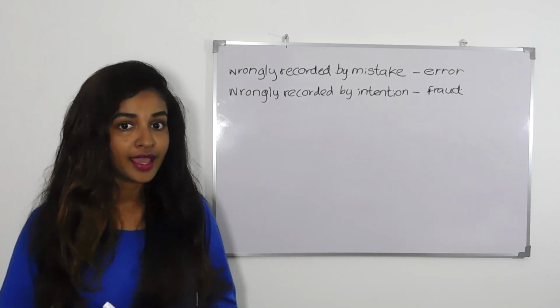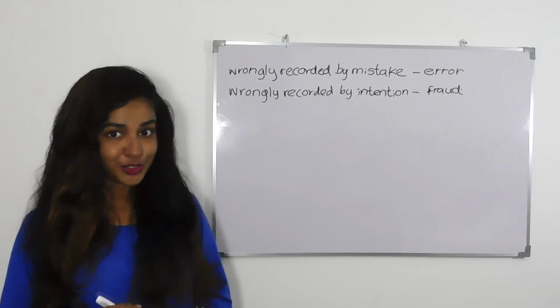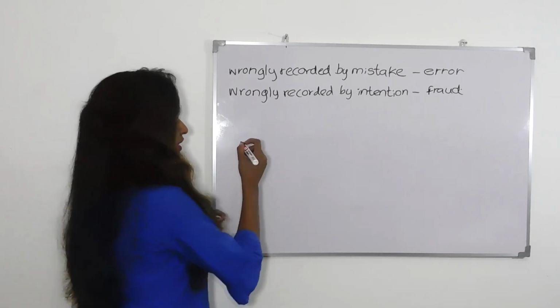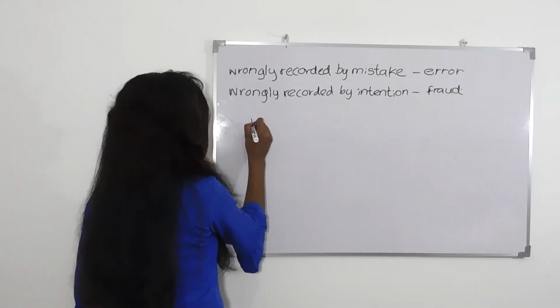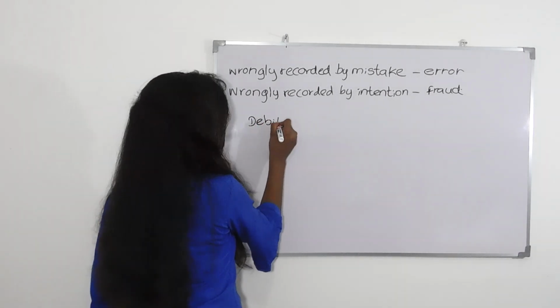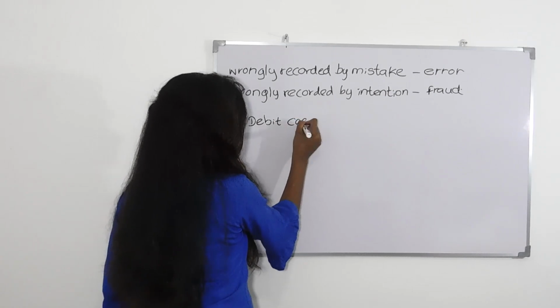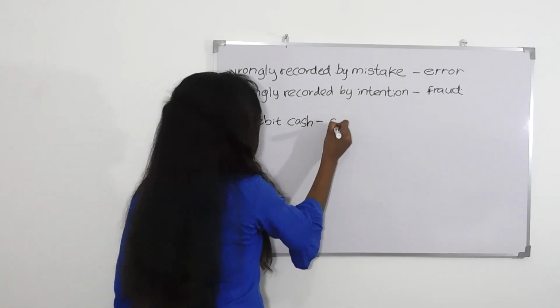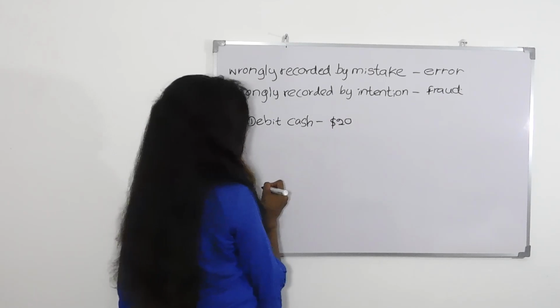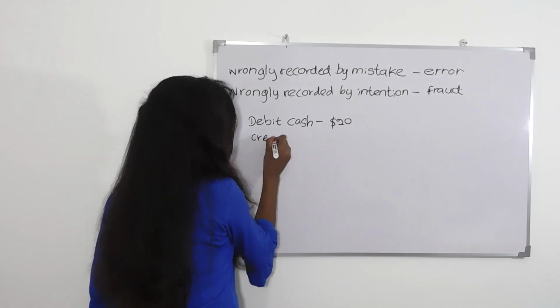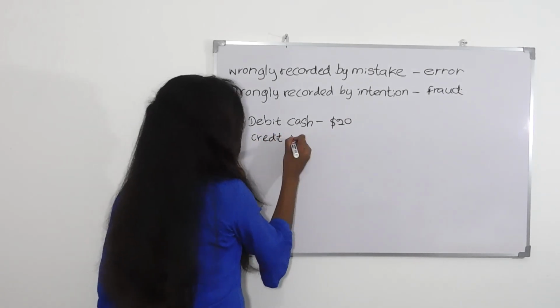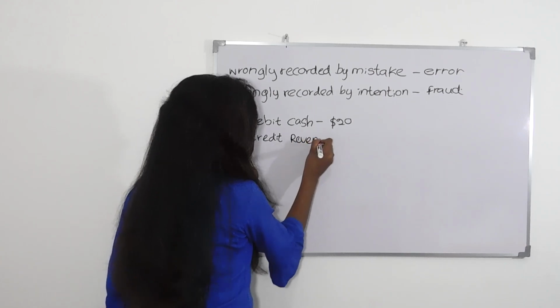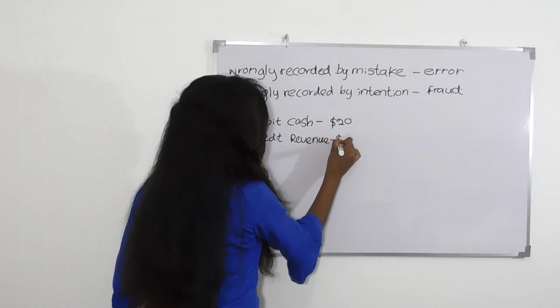The correct entry to record this should have been debit cash $20 and credit revenue $20.